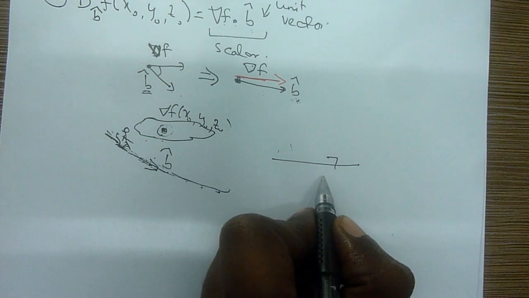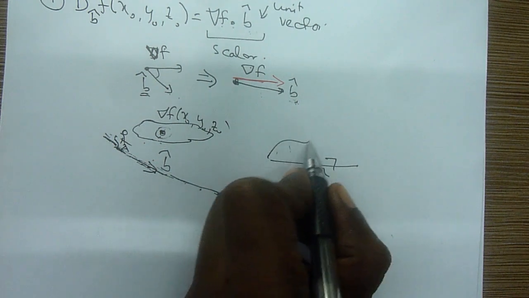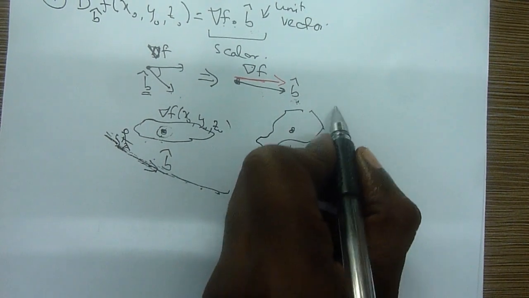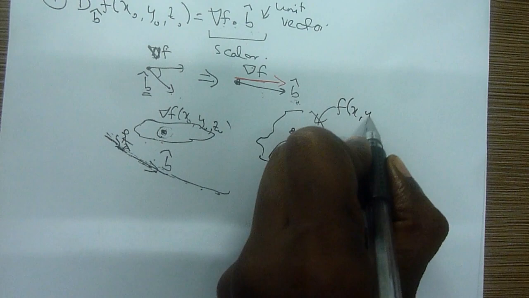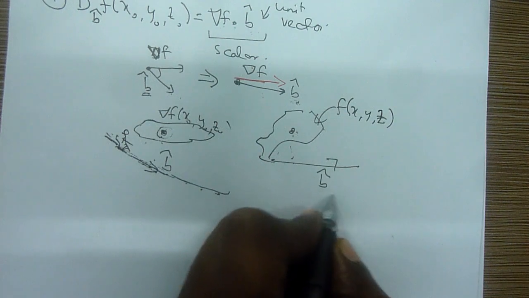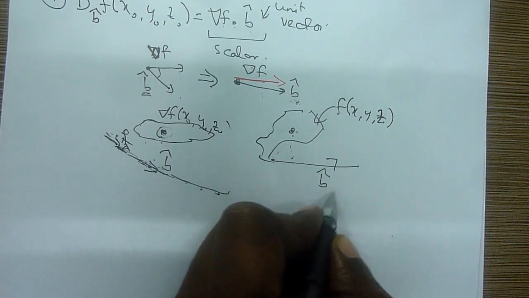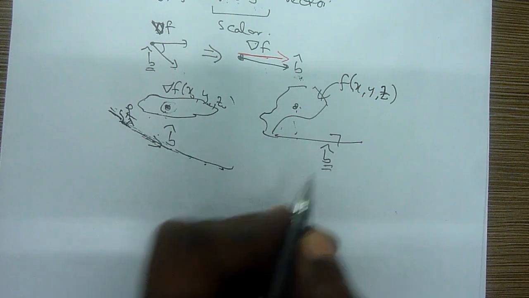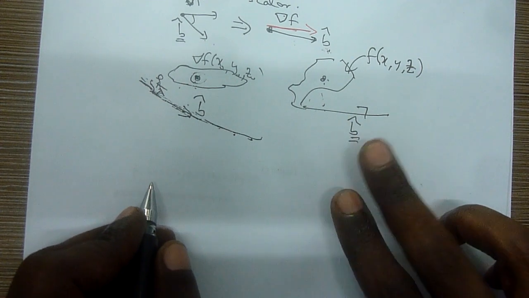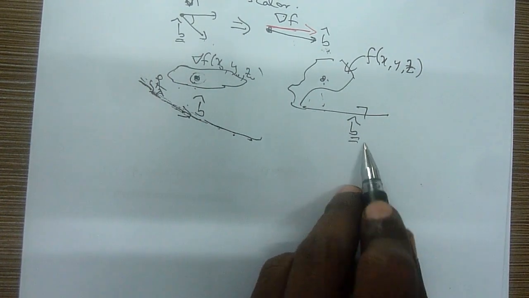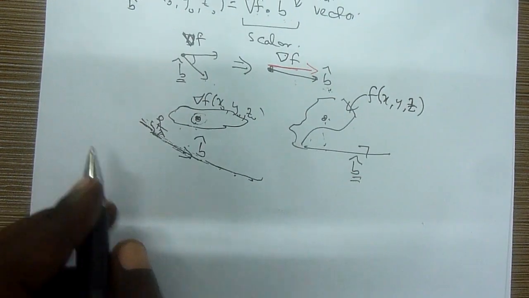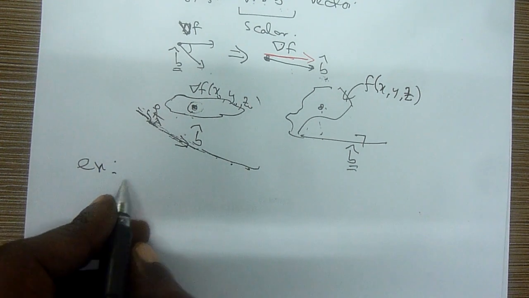This is in the b direction. I sketch the cloud, I'm taking the point, the cloud actually representing y, z, and can I map it to the b vector? This is a very interesting phenomenon which I can capture based on the directional derivative.